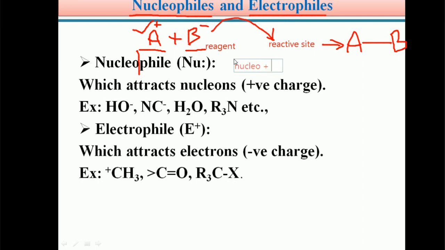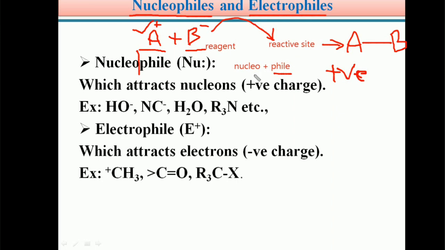Nucleo means generally nucleons. Students, we know that the nucleus of an atom always has a positive charge. Phile means attraction, or loving, an attractive nature.